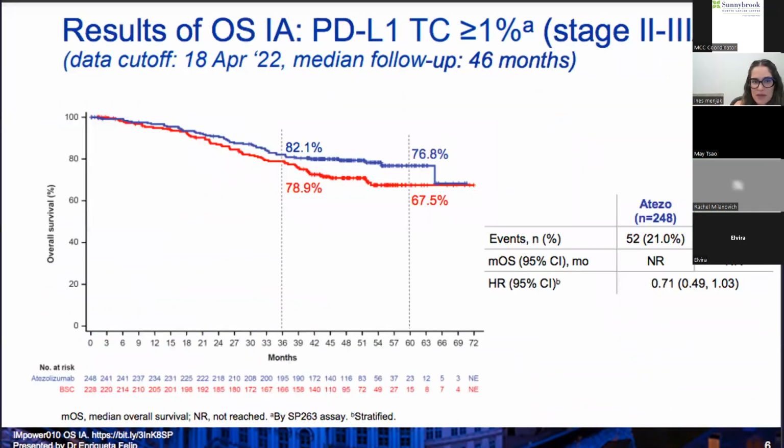So the results from the interim analysis of overall survival in patients with PD-L1 equal or over 1%, stage 2 to 3A demonstrate a tendency of overall survival favoring the arm of atezolizumab.